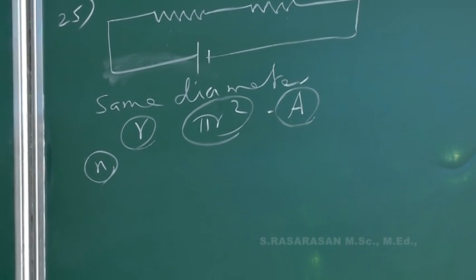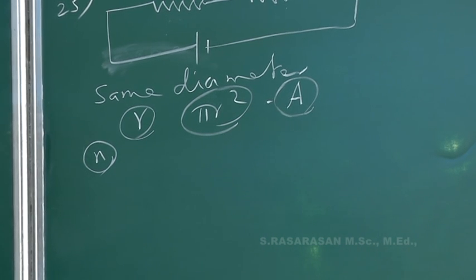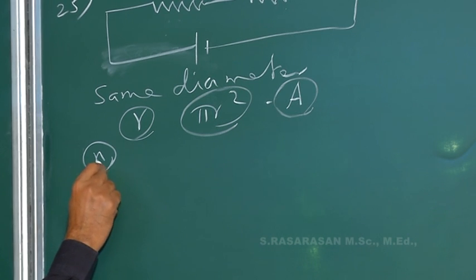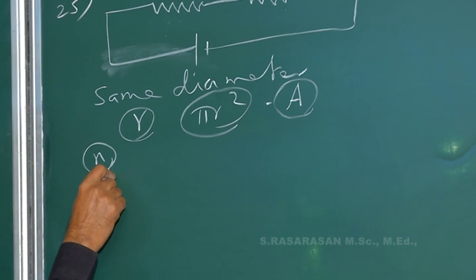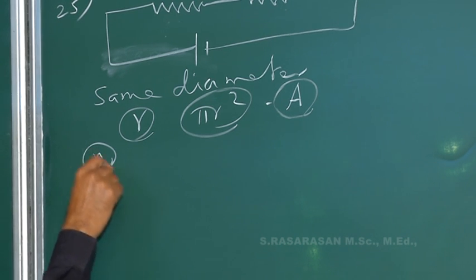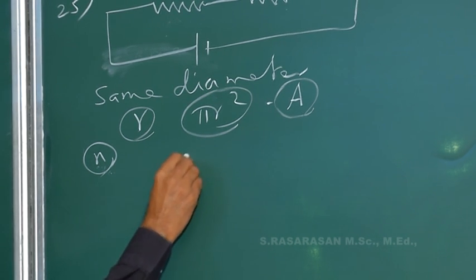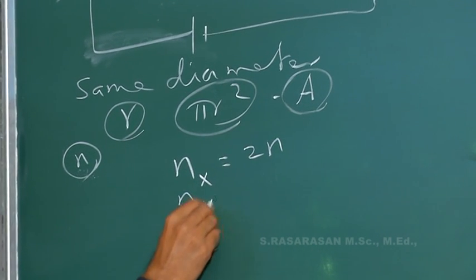They clearly mention it: if the number density of electrons in X is twice that in Y, the number density, or say electron density, or charge density, or number of electrons per unit volume, in X is twice that in Y. So let Nx be 2n and Ny be n.